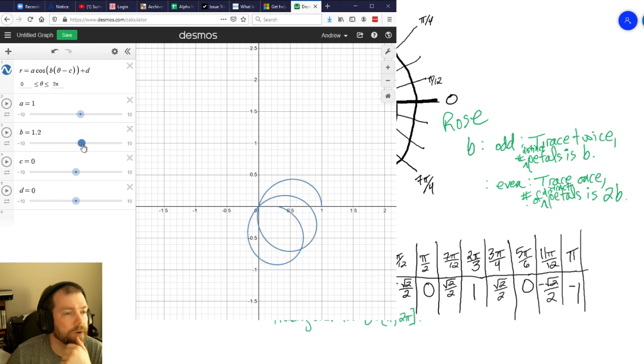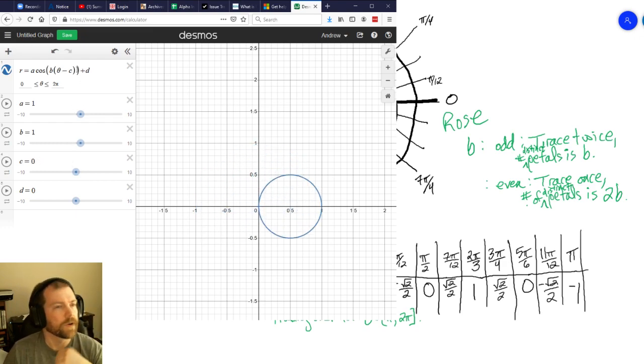All right, and the only other thing we didn't really talk about was what happens when C is changed. Well, in the case of a circle, C is changing the initial angle at which we start. So if we look up here, theta minus c on the inside of the function is telling us that we're going to change theta by subtracting c from it.